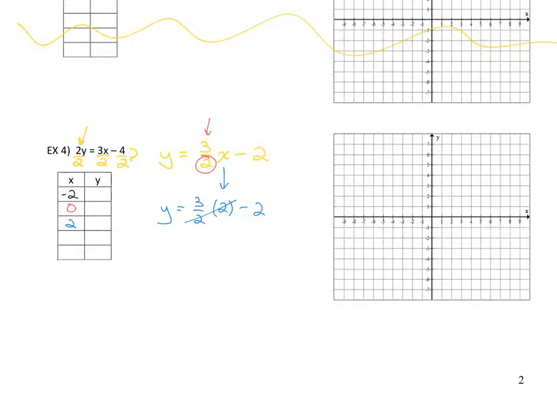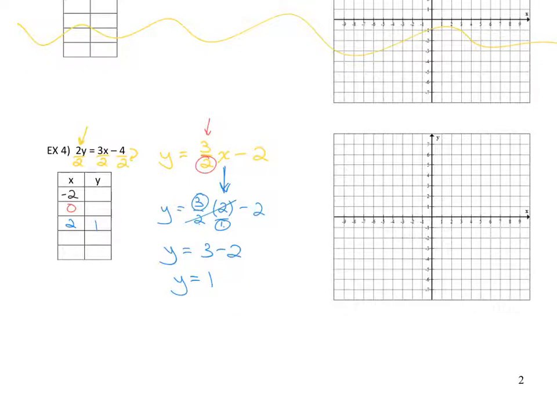The 2 is in the numerator of a fraction. You could multiply the 3 times the 2 and get 6. Multiply the 2 times the 1 in the bottom to get 2. 6 over 2 is 3. Otherwise, you can just reduce the 2's and see that your answer will be 3 divided by 1. So y will equal 3 minus 2, and y will equal 1. So when x is 2, y is 1.